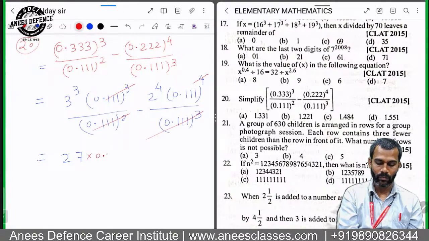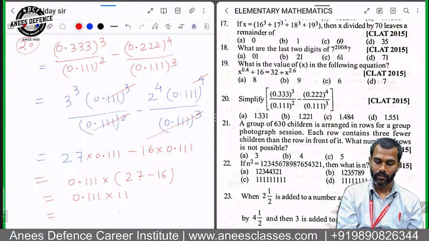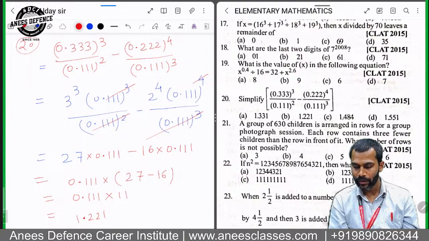So 27 into 0.111 minus 16 into 0.111. I can take 0.111 common, and here we are left with 27 minus 16, which is 11. 0.111 into 11 gives 1.221.